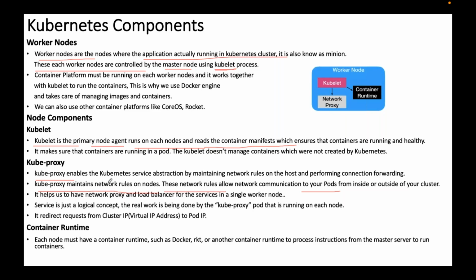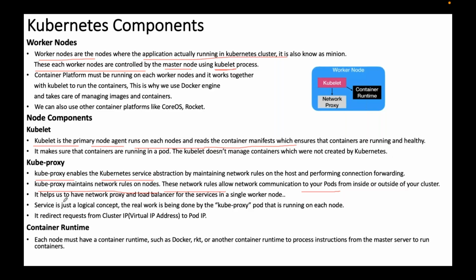So kubeproxy abstracts the networking. Kubeproxy enables the Kubernetes service abstraction. It will perform the connection forwarding. It will help us to proxy and load balance requests within the cluster.